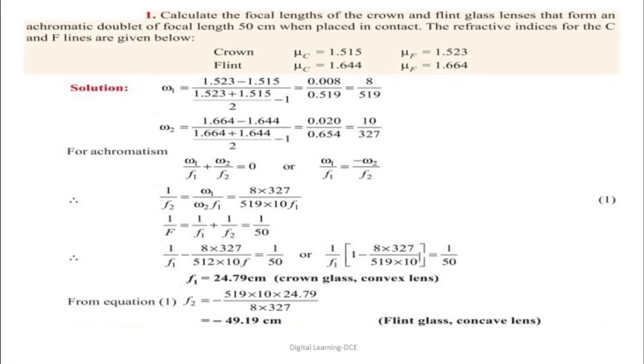First problem. Calculate the focal lengths of the crown and flint glass lenses that form an achromatic doublet of focal length 50 cm when placed in contact. The refractive indices for the C and F lines are given below.